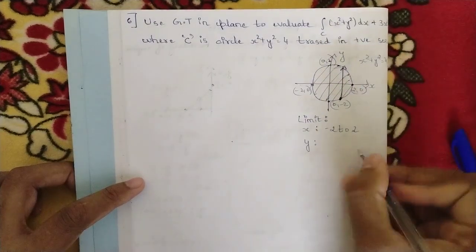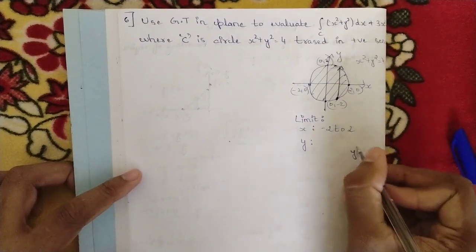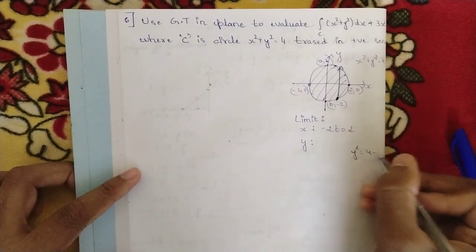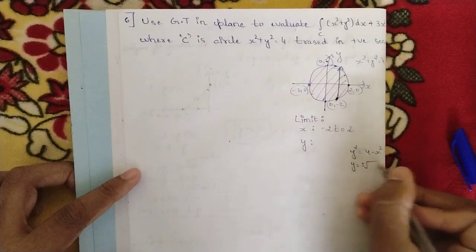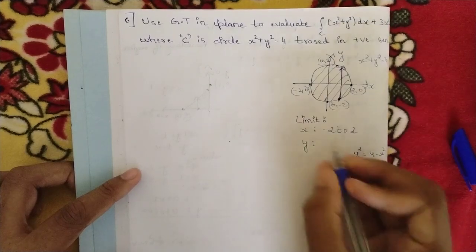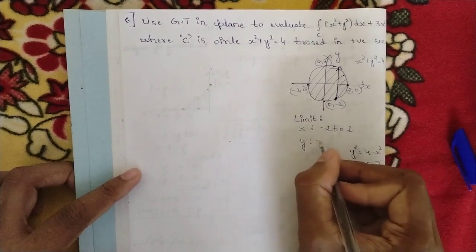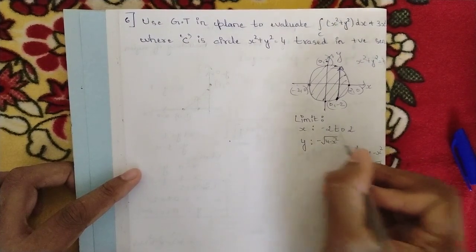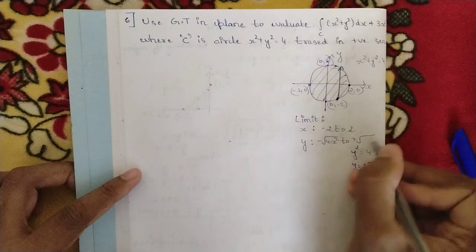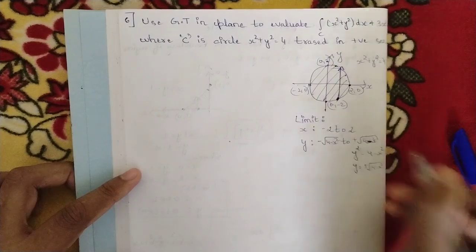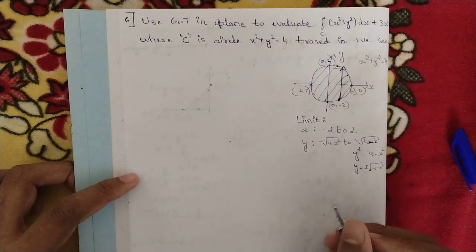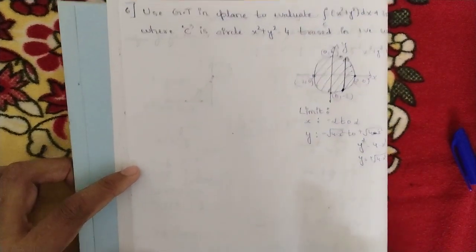If you solve separately for y, we would be getting y square is equal to 4 minus x square, so y would be plus or minus square root of 4 minus x square. So the limits of y are from minus square root of 4 minus x square to plus square root of 4 minus x square. These are the limits of x and y respectively.